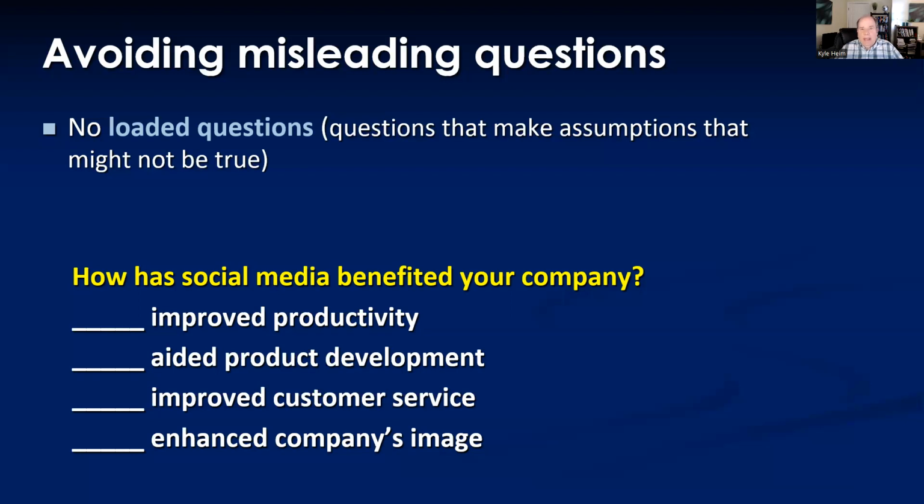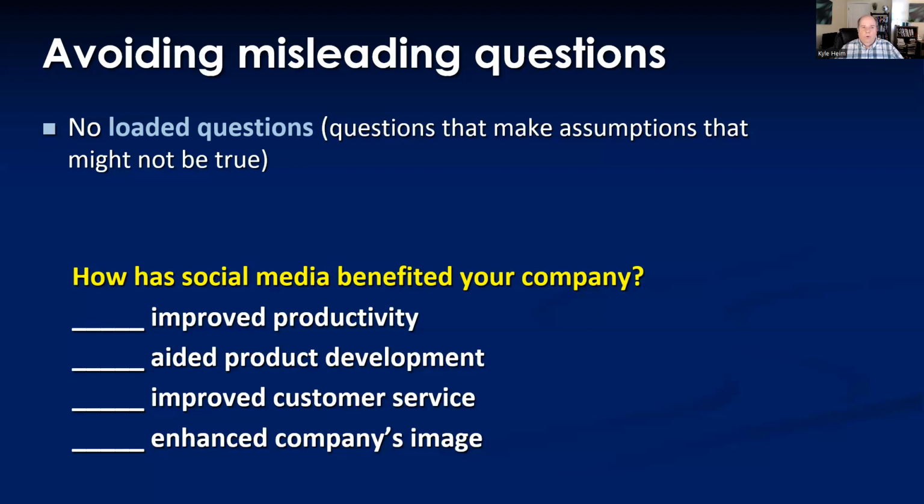Maybe social media hasn't benefited the company at all. Maybe social media has actually hurt the company in a lot of ways. So this question has a built-in assumption that social media has been a benefit to the company. And therefore, it is no good. It is a loaded question.